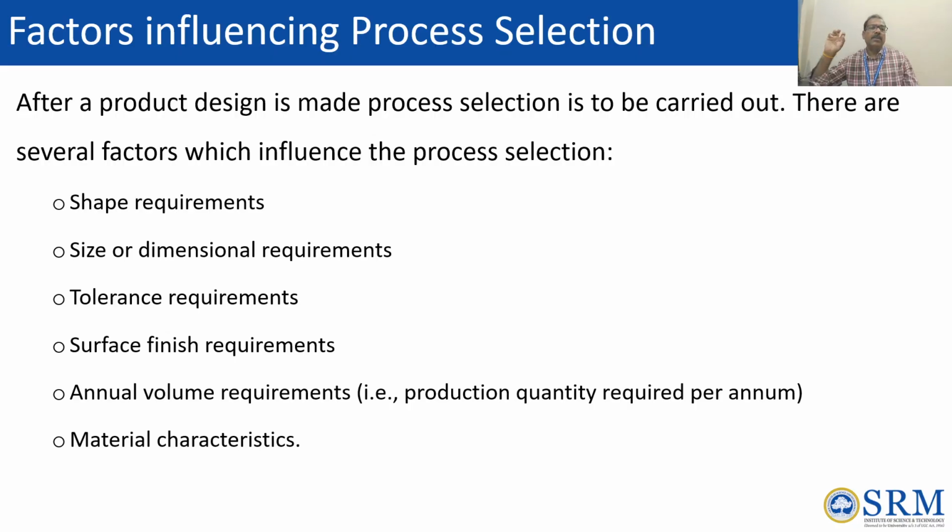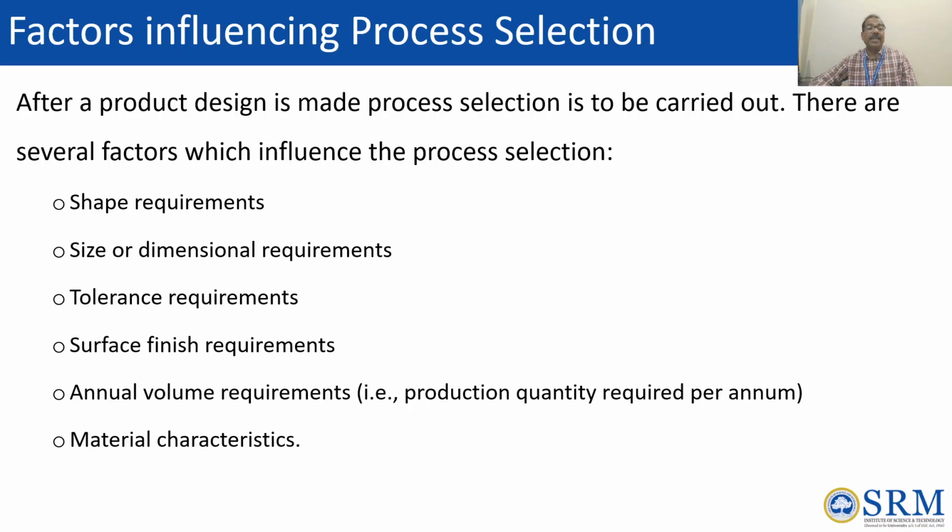But if we need a mass quantity, then we need to set up our process and layout of the machinery so that continuous production can happen and a huge number of products can be manufactured. So annual volume or production volume is very important, and that is also one of the considerations we should have.